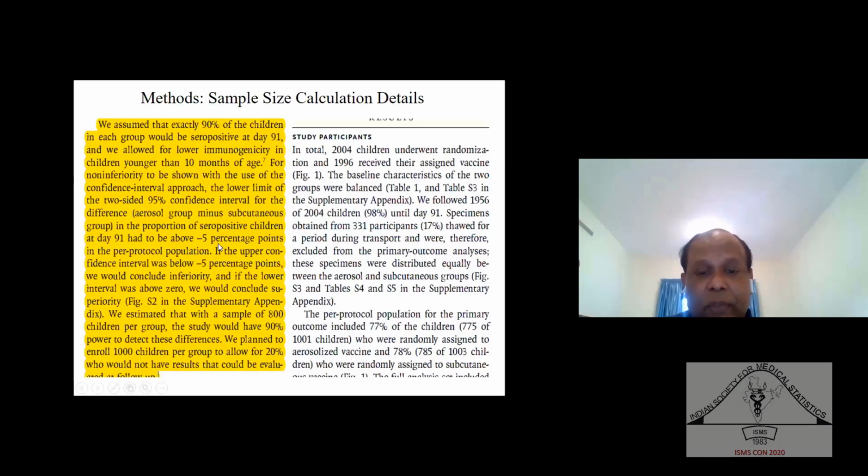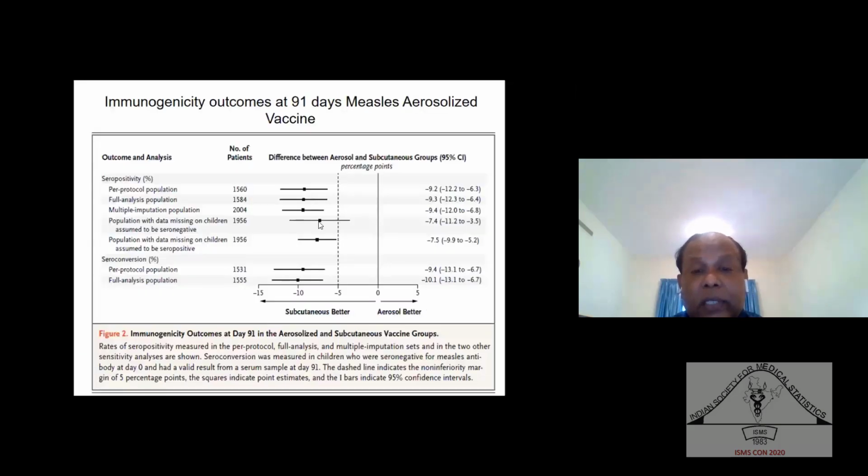The rest is very simple. If you put this data, then it will tell you a sample of 800 children per group, and 90% power, it is more, and with 20% dropout, it gives you 1,000 subjects in each arm. It is very simple. If people understand that, they can easily do it by themselves manually. Okay. So this is all the margin.